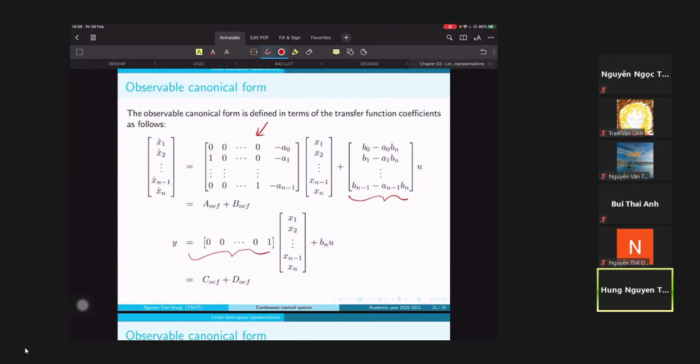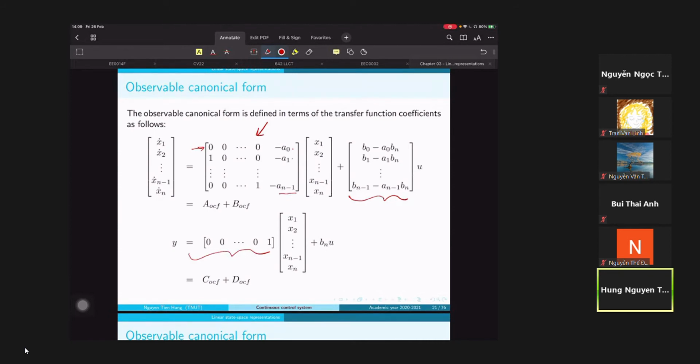For the matrix A, we got the first row here, all zero except the last one. The last component of the first row is minus a0, minus a1, up to minus a(n minus 1).